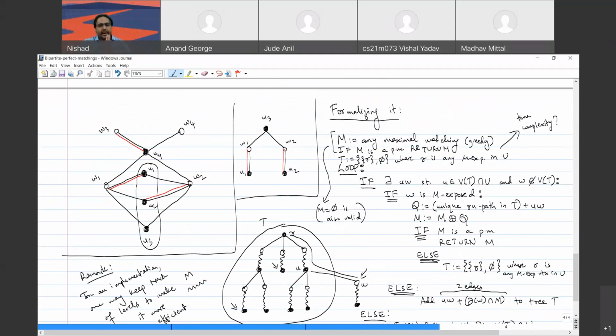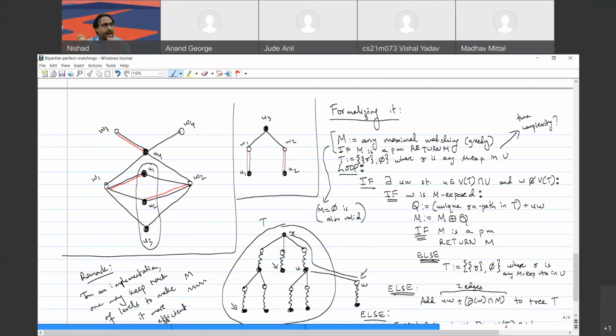Okay, so let's just try to go through this algorithm quickly again, right? So at any point of this algorithm, you have a certain matching, you have an M alternating tree with respect to that matching M. And what are we doing? We look at the edges going from the vertices of the tree in the U color class to outside the tree.